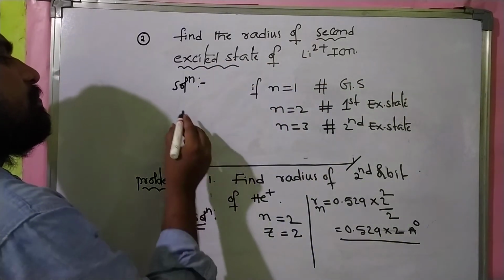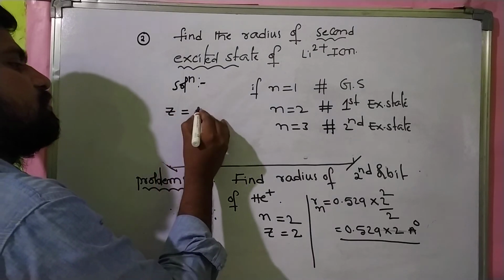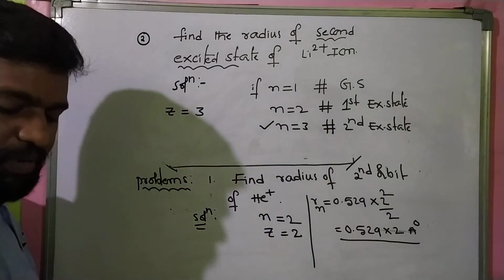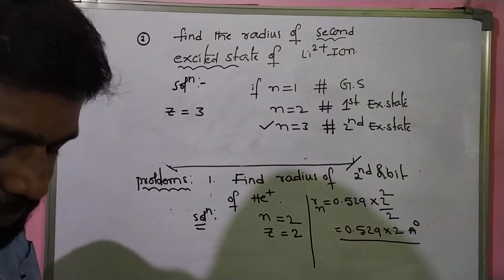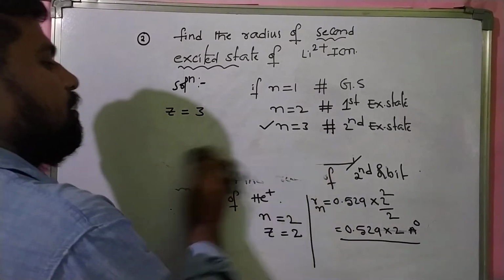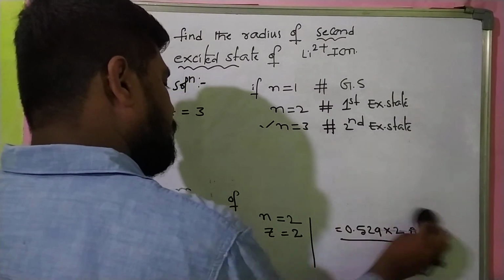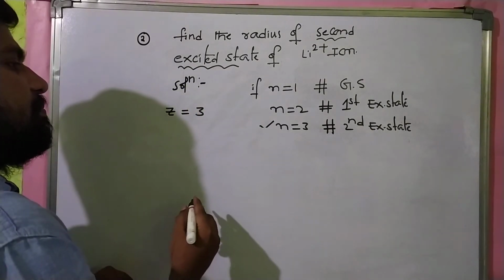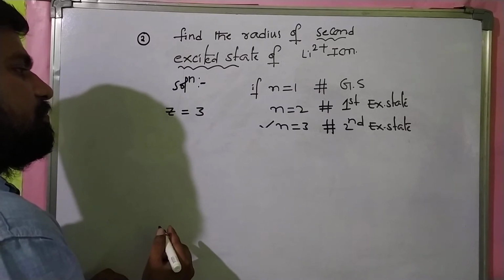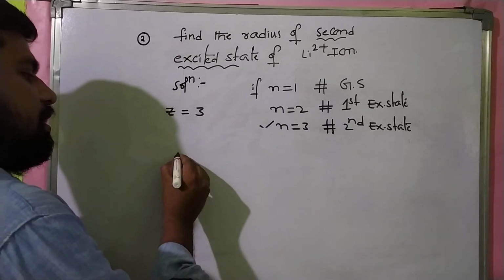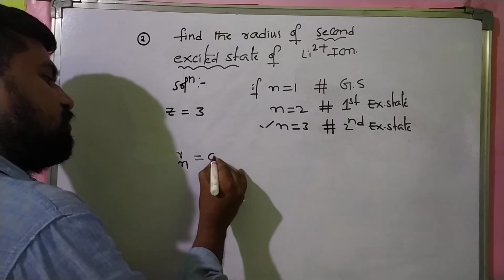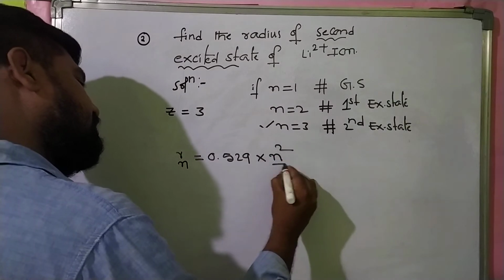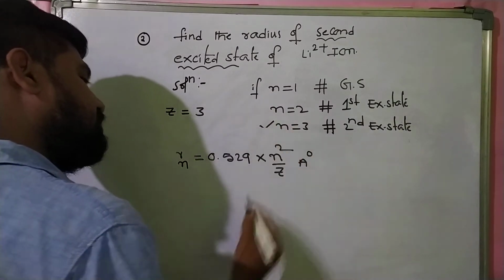Now for lithium, atomic number Z equals 3 and n equals 3. Now find the radius, all of you. Very easy problem, dead easy question. Now radius Rn equals 0.529 into n square by z angstrom units.